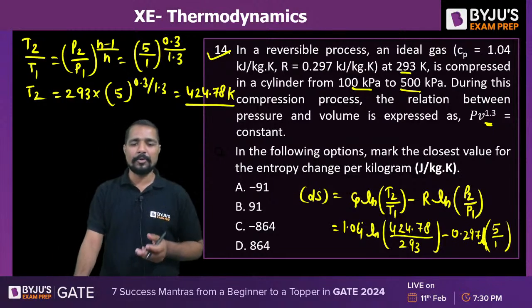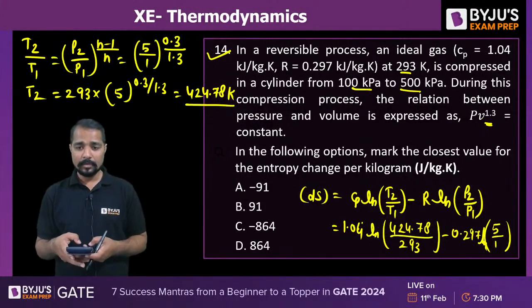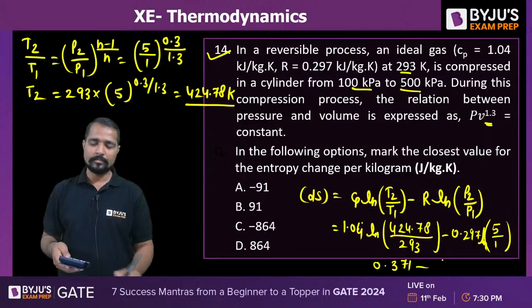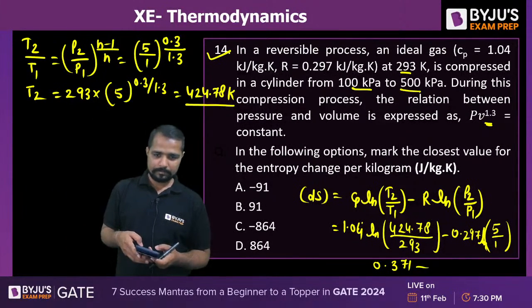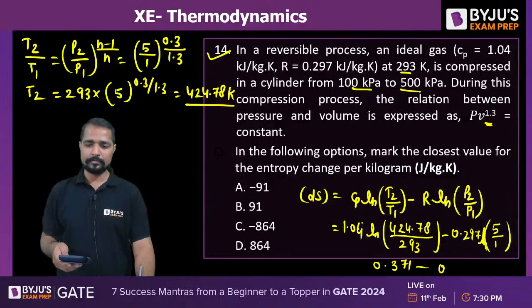What exactly answer are we all getting, my dear? This is ln(424.78 divided by 293), times 0.37, minus ln 5 multiplied by 0.297, 0.478.